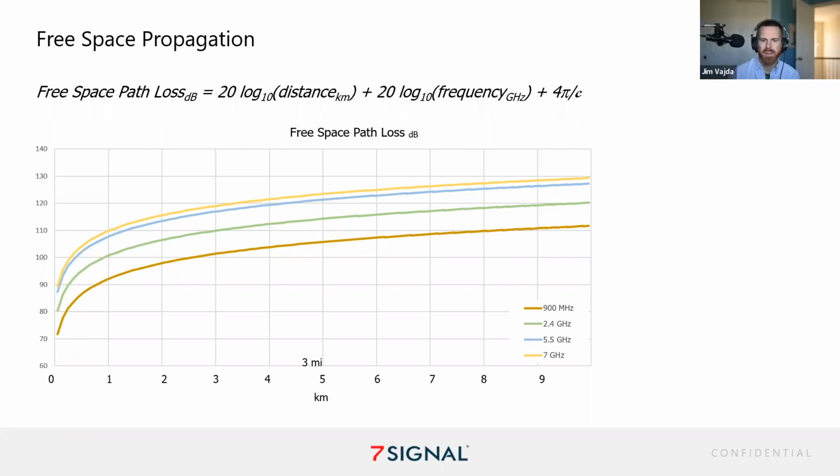Question from Pierre. Do you have any details about human body absorption in heavily populated environments like conferences, etc.? Would 2.4 gigahertz make sense in such environments versus 5 gigahertz? I don't have any direct data, but I have some experience. We have a lot of our Sapphire Eye product in sporting venues.